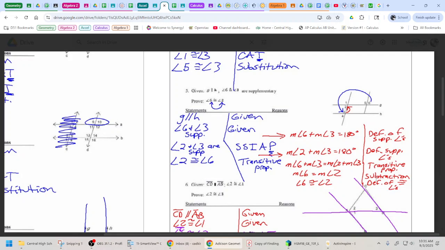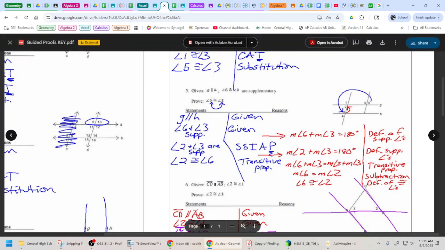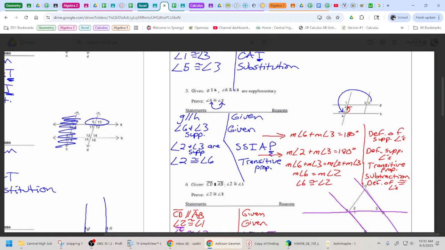Now we have to switch this geometry statement to an algebraic one, again by definitions. So we have 2 algebraic statements. Then we're going to set those equal. Here I said angle 2 and 6 are congruent, but here's the why behind that.